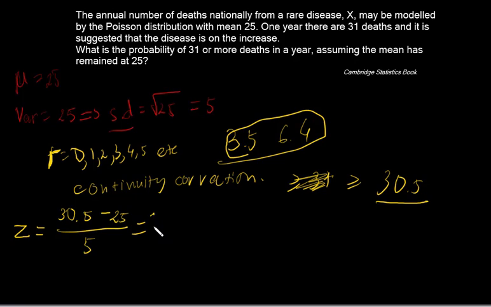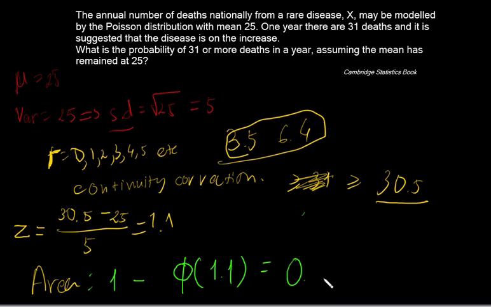So Z here, the required area will now be 1 minus 1.1, which is equal to 0.1357.